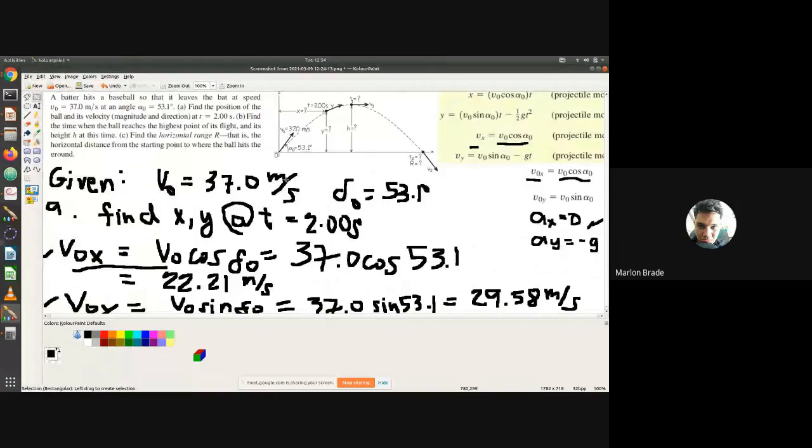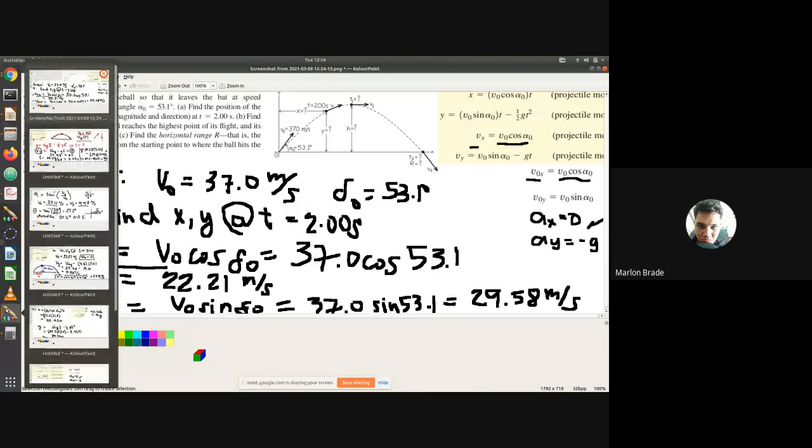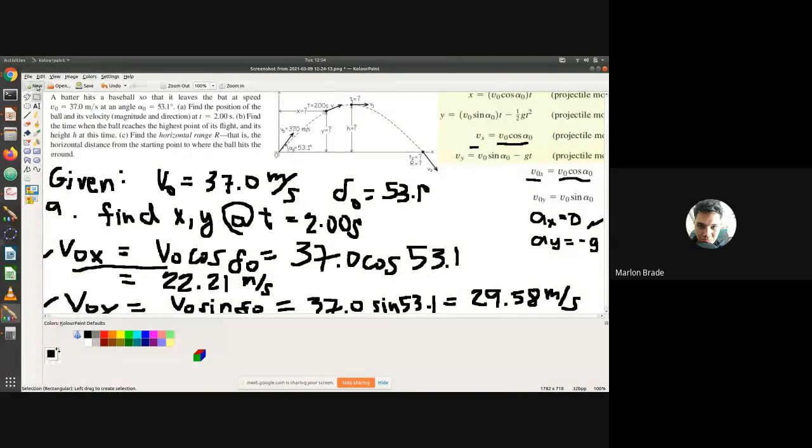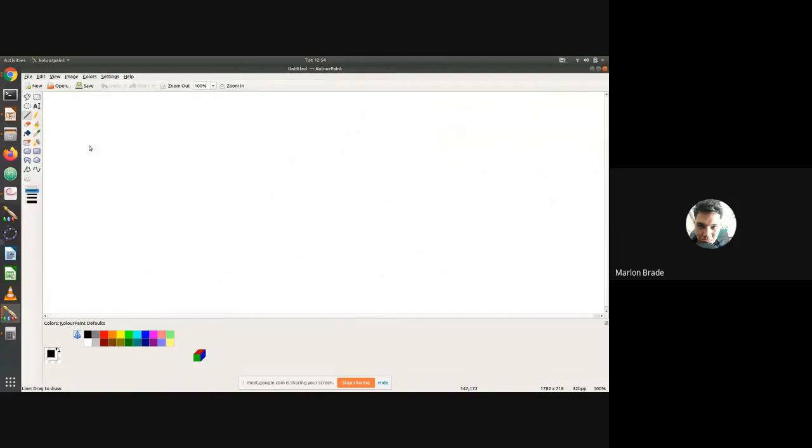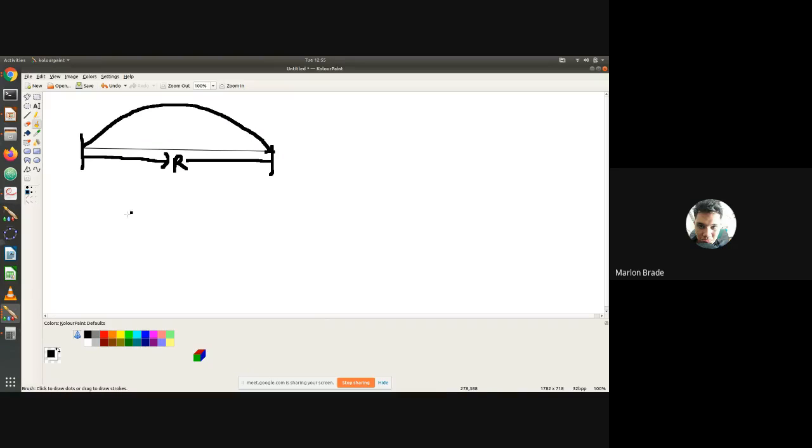is, find the horizontal range R. So, what do you mean by horizontal range R? The horizontal range R is the farthest x where it lands. So the range R is from your initial position to where it lands. So what is x? x is equal to v naught x times t, right?